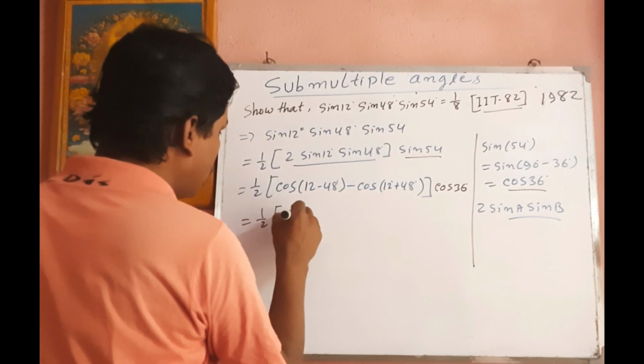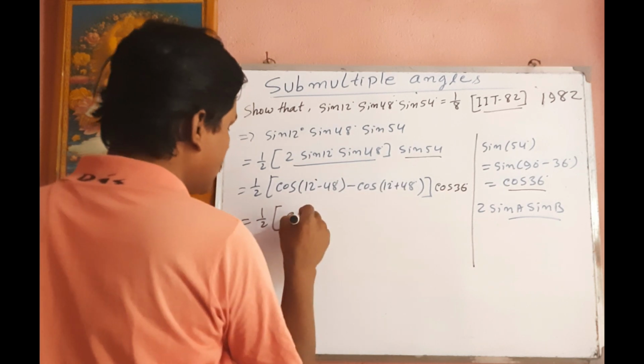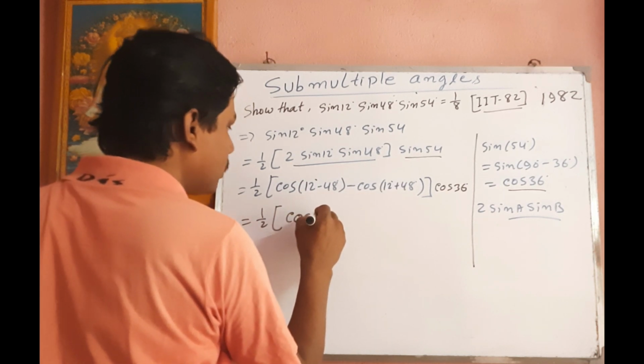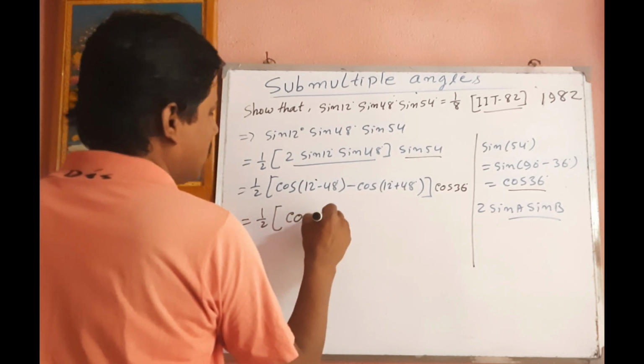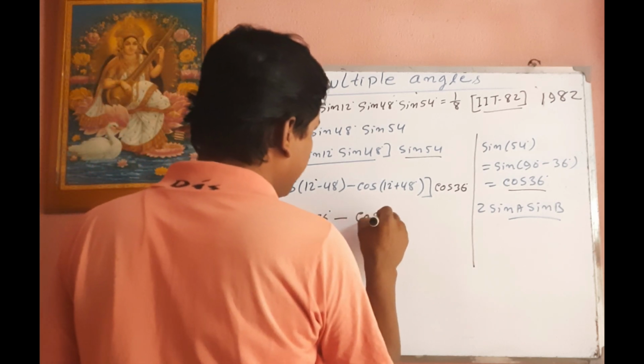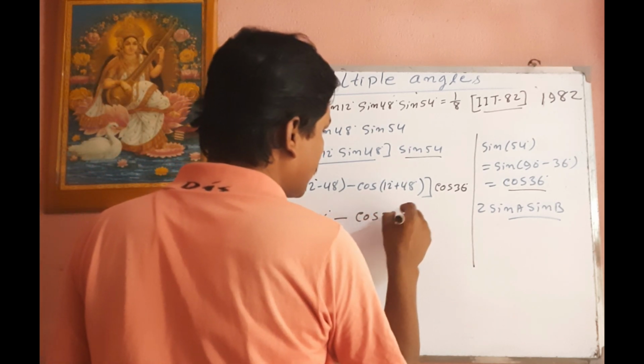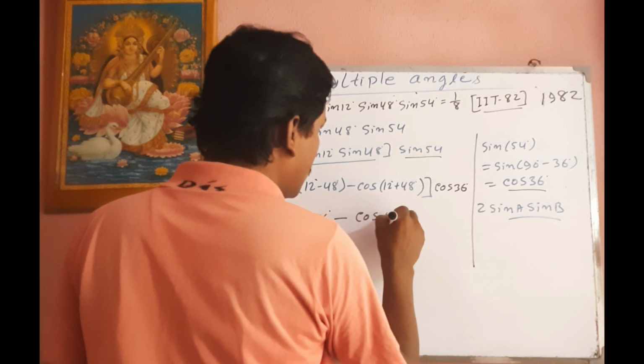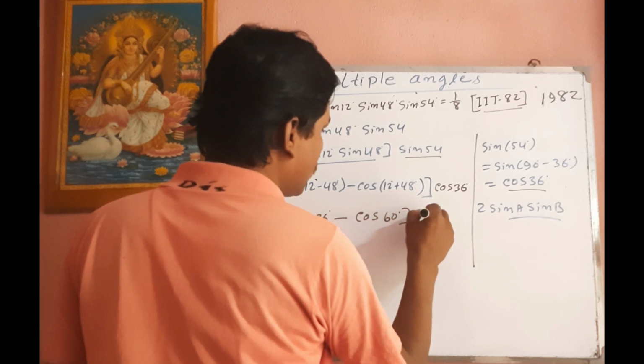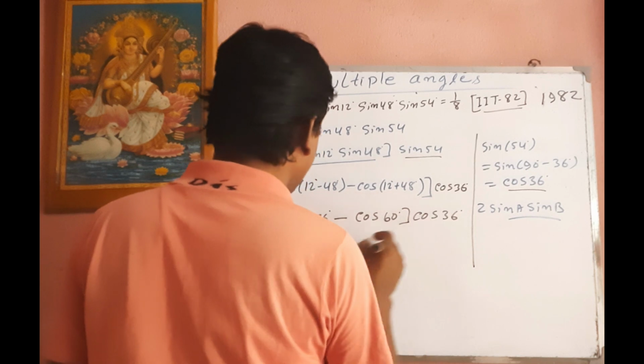So calculating, we get cos of 36 minus cos of 60, cos of 60 and cos of 36.